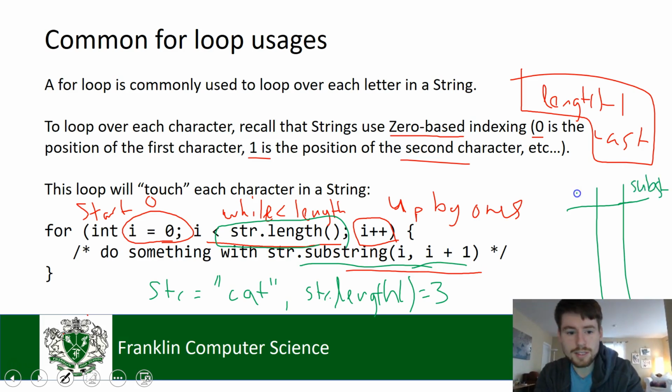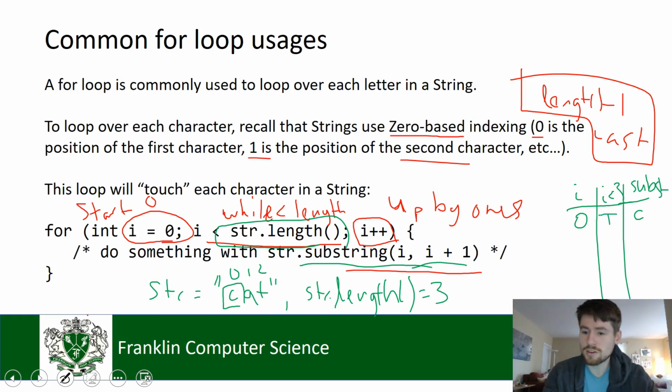And then we say, okay, in the first case, i is 0. Oh, I forgot to mention, i is less than 3, so 0 is less than 3.